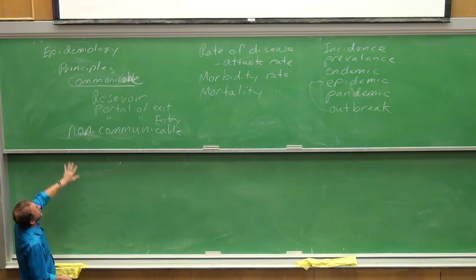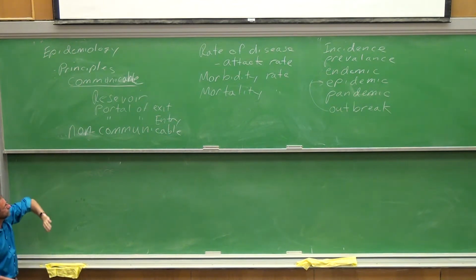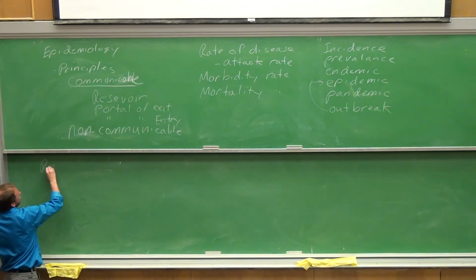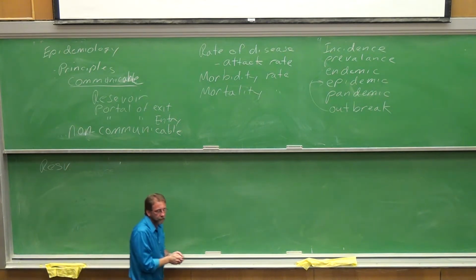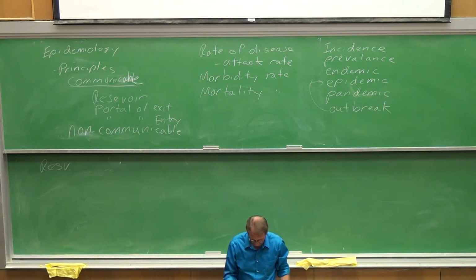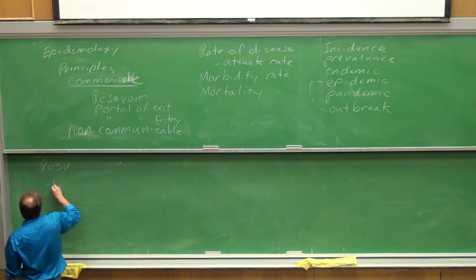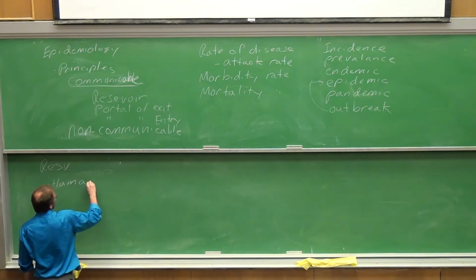So let's go back to talking about communicable diseases and turn our attention to the reservoirs in which we find microbes, disease-causing microbes. The most significant probably to us are human reservoirs.